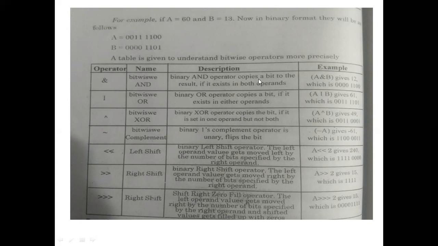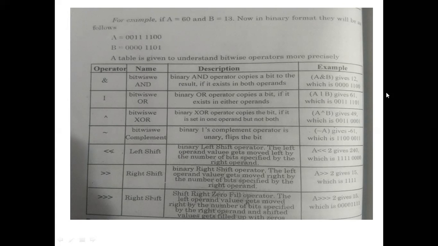So here, a bitwise AND b gives 12. How? The value of a is this and value of b is this. Whenever you are using bitwise AND, the operation takes place bit by bit. In the AND operator, only if both bits are 1, then the value will be 1, otherwise 0.